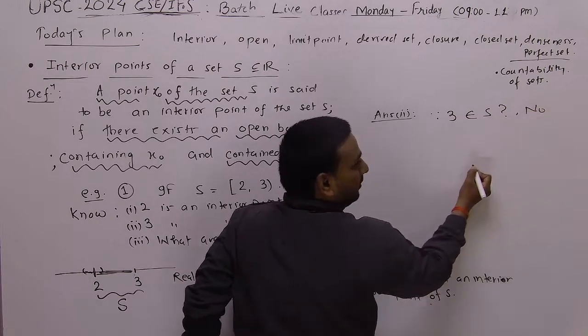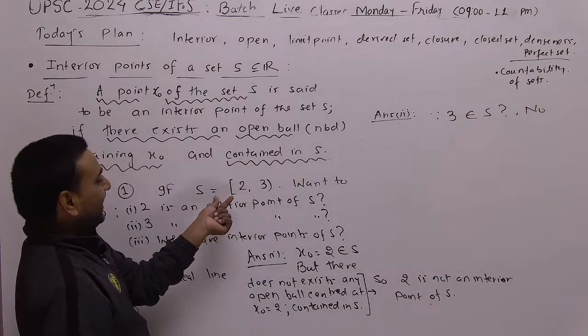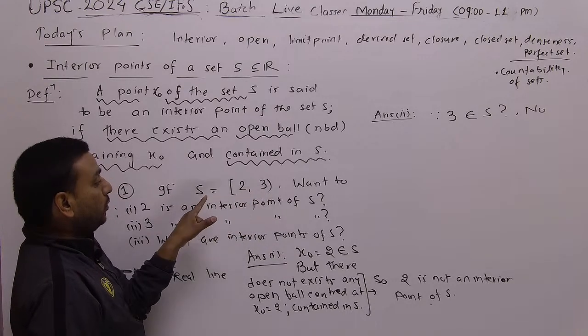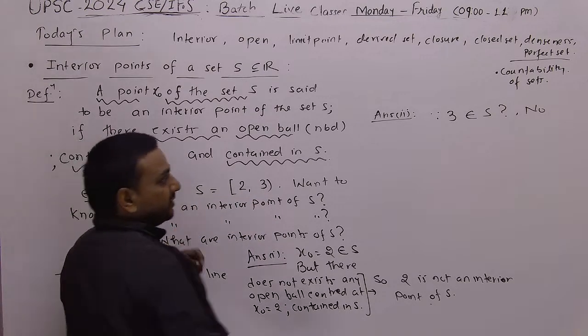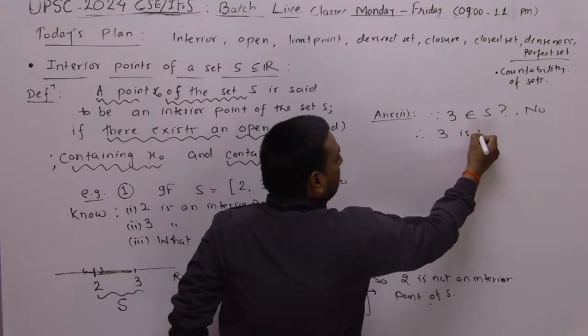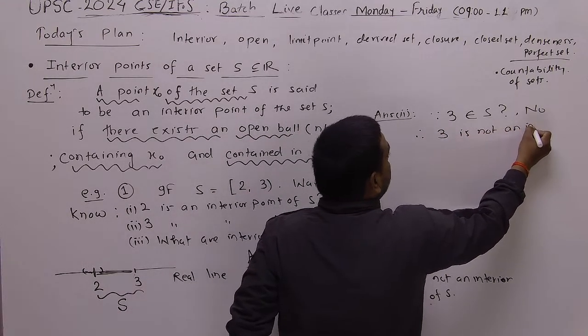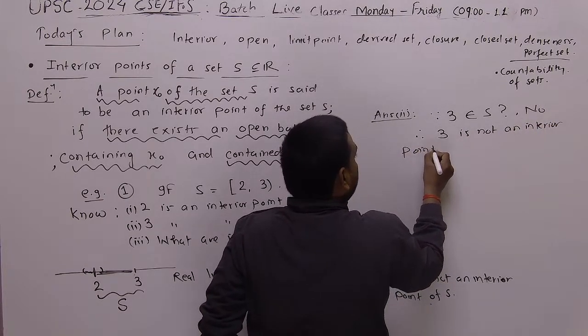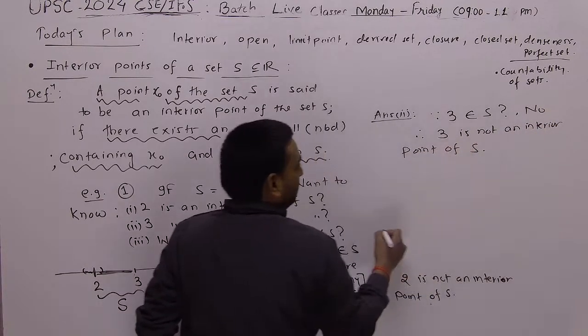No, because S is open at 3. So 3 is not included inside the set S. So there is no need to even look at the ball. 3 is not an interior point of S.